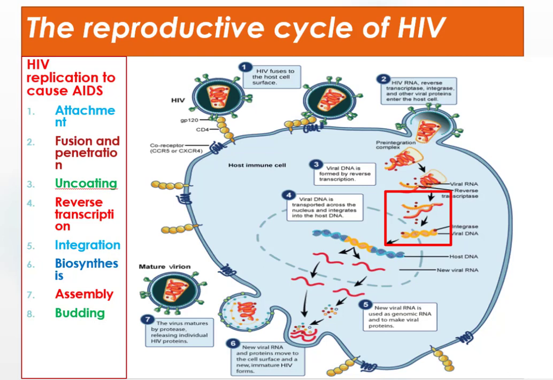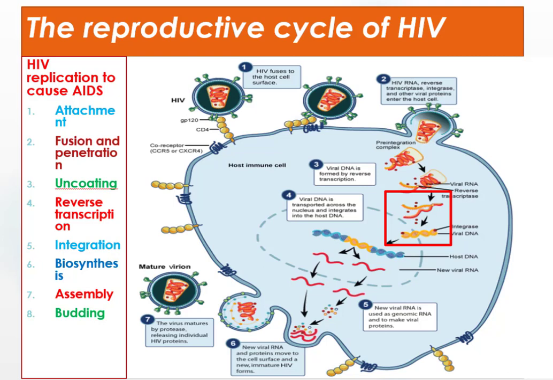During this stage, reverse transcriptase often makes mistakes, introducing new mutations. That means viral RNA gets reverse transcribed to viral DNA through the action of reverse transcriptase enzymes.